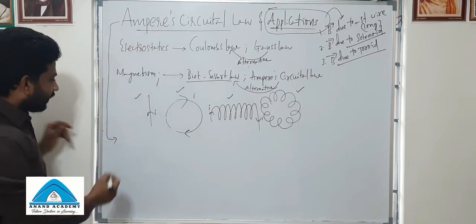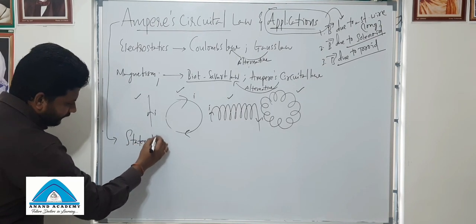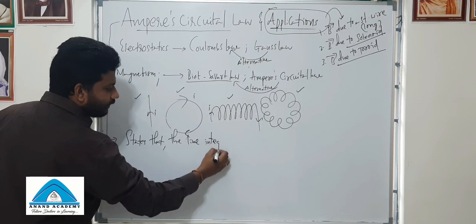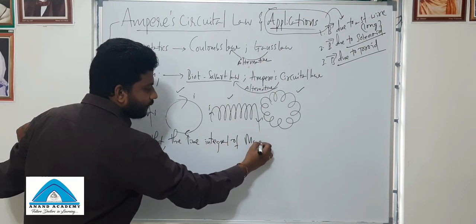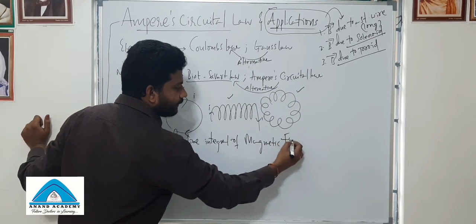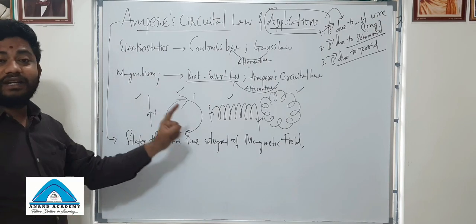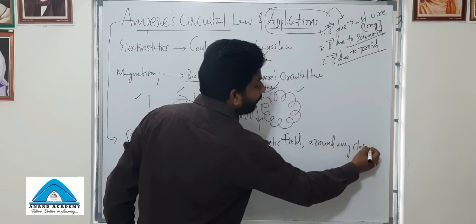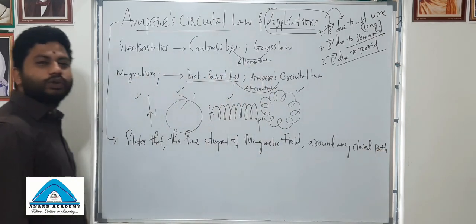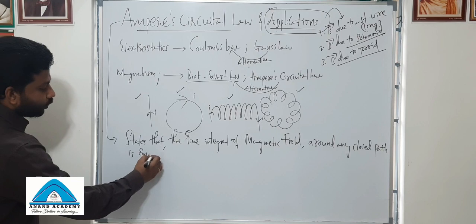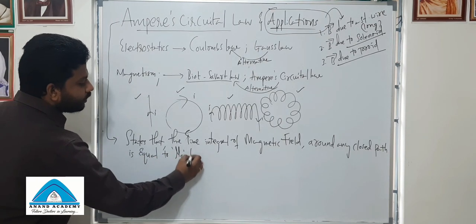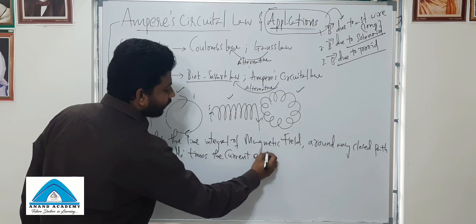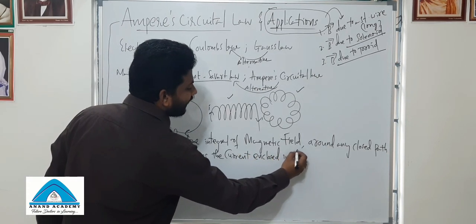The Ampere circuital law states that the line integral of magnetic field around any closed path is equal to mu naught times the current enclosed in that path.